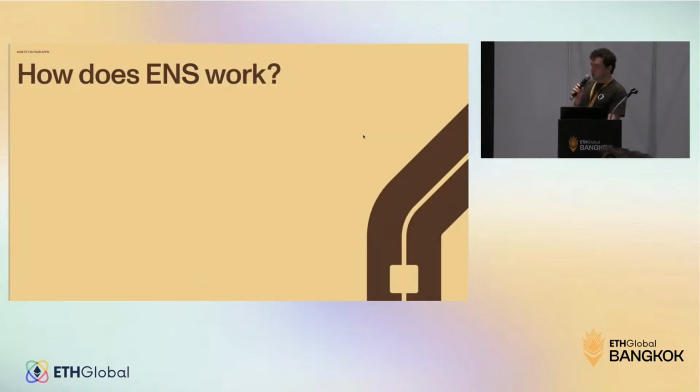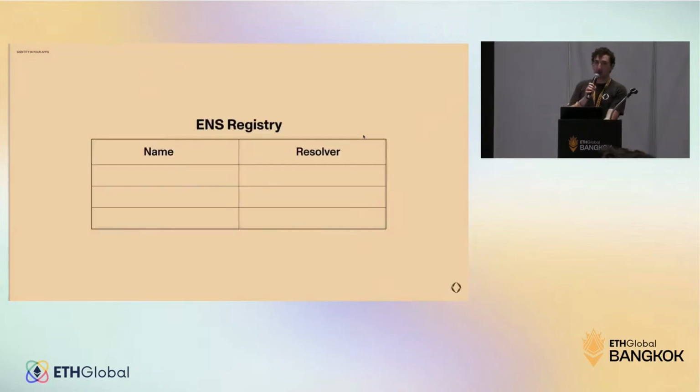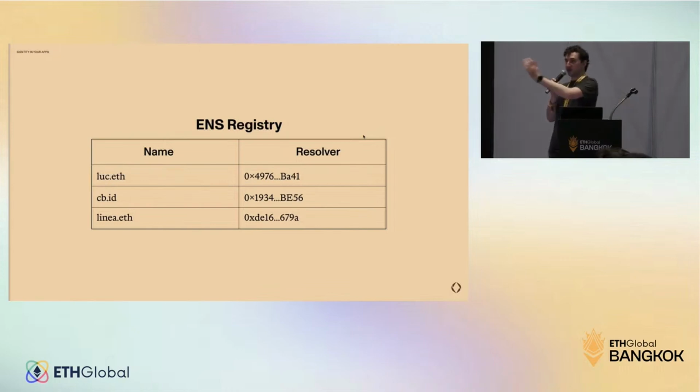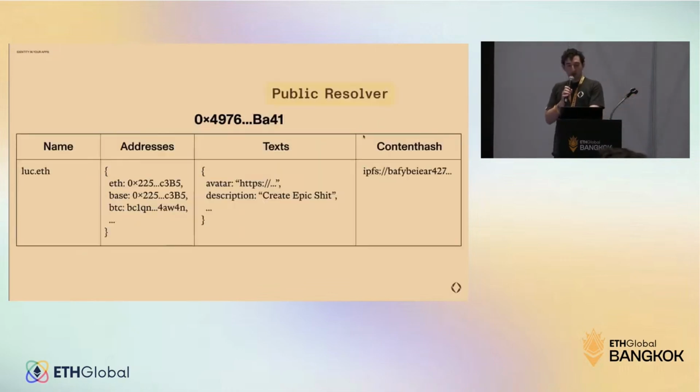So I'll do a quick overview of how ENS works from the tech perspective. The ENS core registry exists on mainnet Ethereum, and it stores a name side by side with a resolver. And again, you'll notice this registry stores both .eth names and DNS names. A resolver is what's responsible for returning the data that is associated with a name.